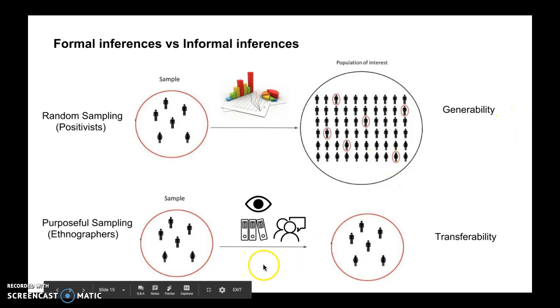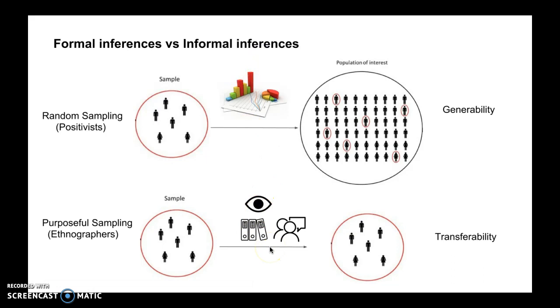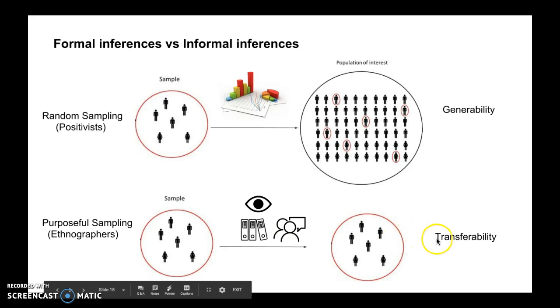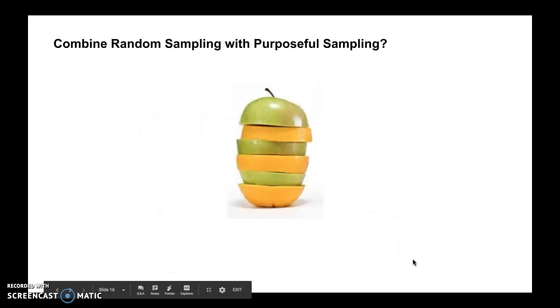They just want to generalize, or transfer, to that group. They try to clarify their logic, which is called informal inference. They try to make the context and the participants clear, so as to make sure their findings can be transferable to other research.